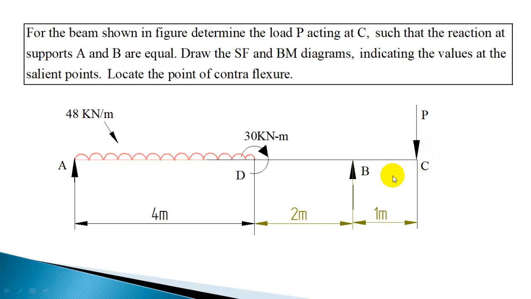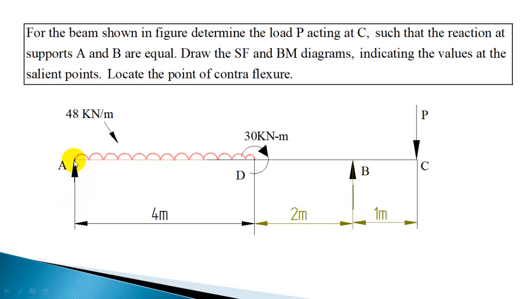To eliminate one of the unknowns, you need to take moment summation with respect to C, which eliminates P and you will get only one unknown.